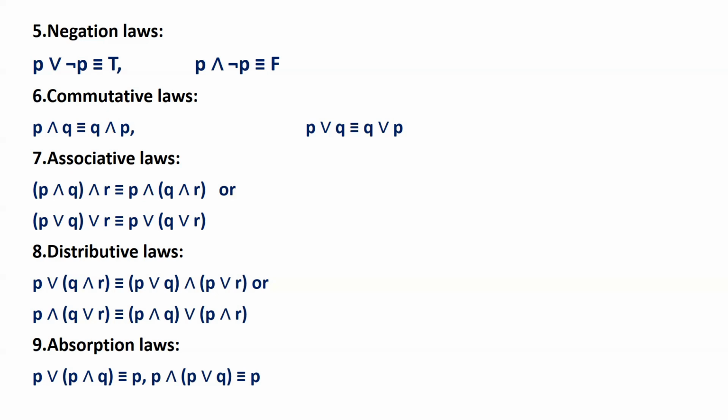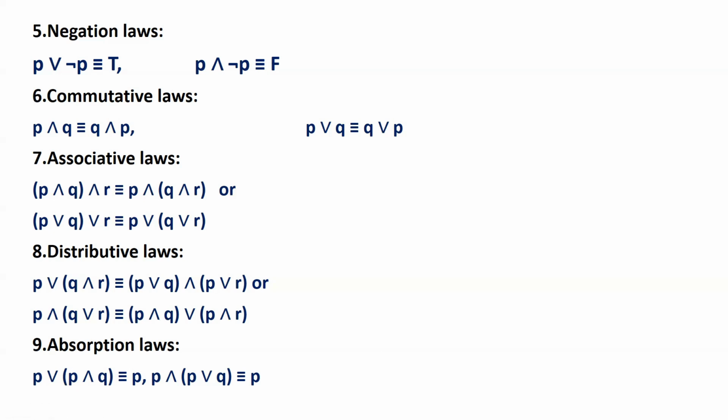Is that clear? Then the last one, the absorption law. Here the condition is what? Inside the bracket and outside the bracket, signs are always different, but whatever atomic proposition is present outside the bracket, the same variable must be present inside the bracket. Is that clear?